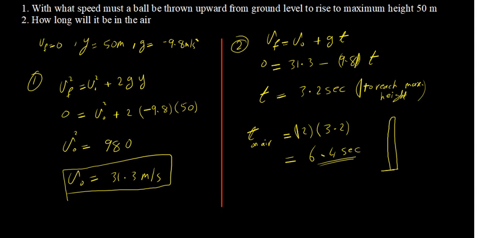Now, I could solve the second part of this example in a different way by using one of the other kinematics equations. I can start another page and pick this one: the displacement y equals V initial times t plus half the gravity times the time squared.